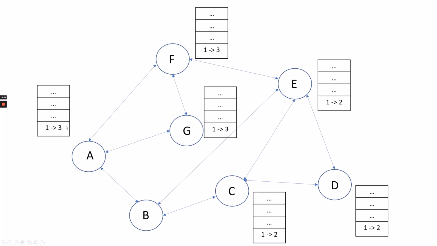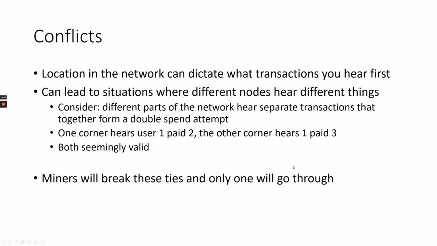So this is a conflicting transaction from 1 pays 2, right? And before this could happen, A already flooded this information to G and F, and G and F have this version of the sequence of events. So A, G, and F now know that 1 paid 3, while C, D, and E know that 1 paid 2. So the network is essentially divided here, and we have different versions of events.